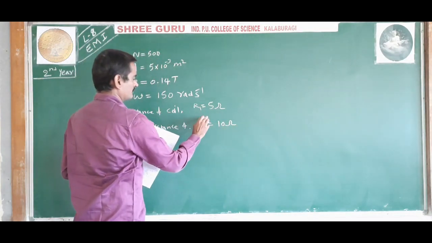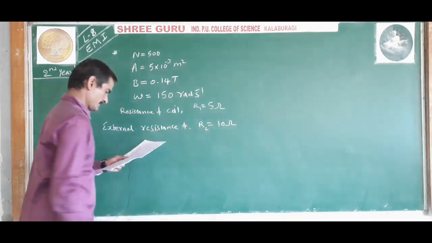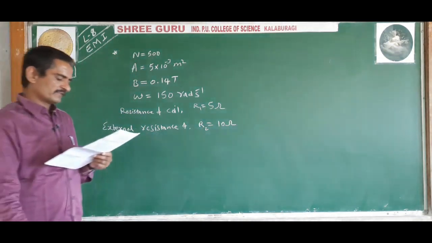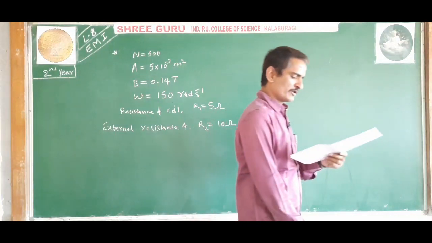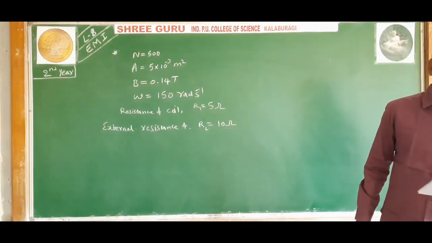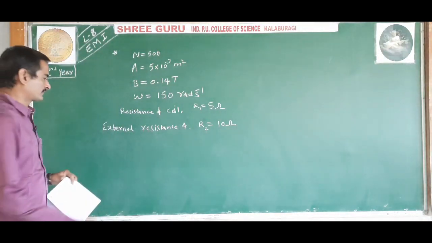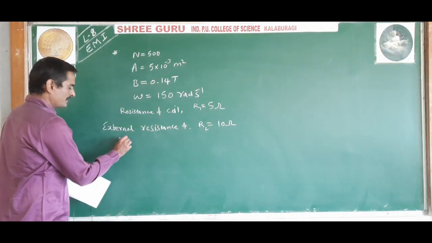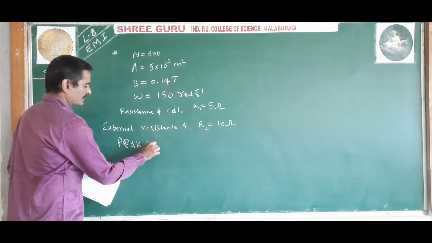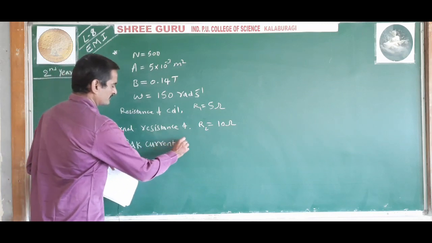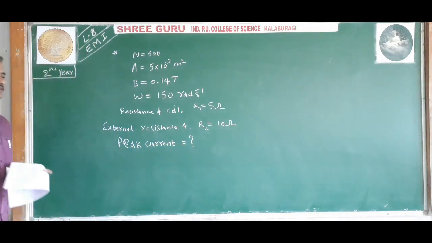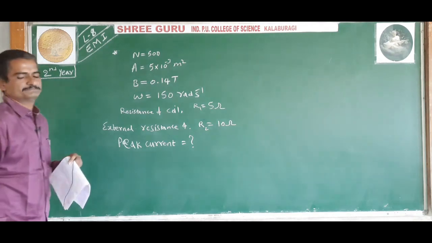So this as R and this as R2. Calculate the peak current through the resistance. Okay, this is the question.